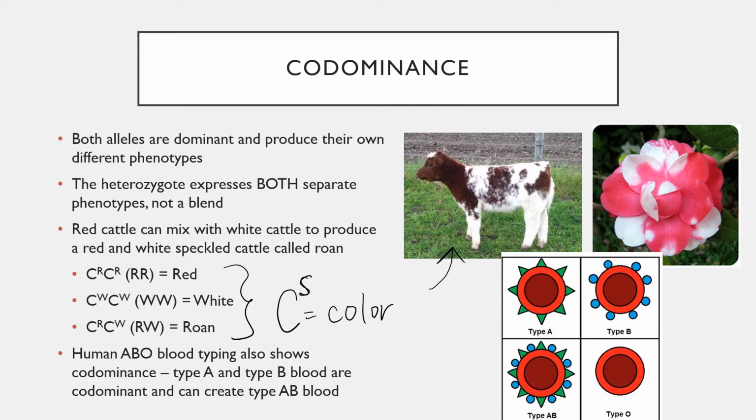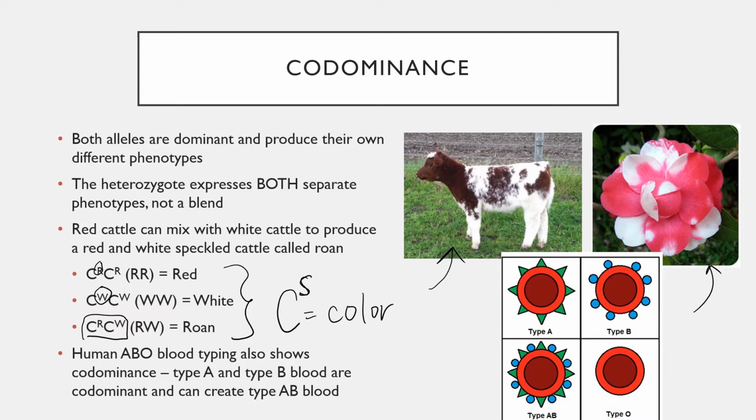So you can have the red superscript, the white superscript, and when you have the case of a heterozygote where you have an R and a W, that's when you see the roan phenotype showing through. Another example you can see in this flower here, the flower is showing both white and pink or red characteristics at the same time.